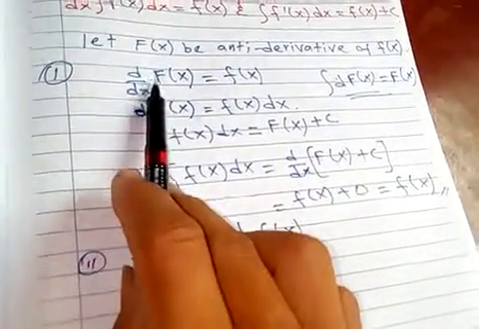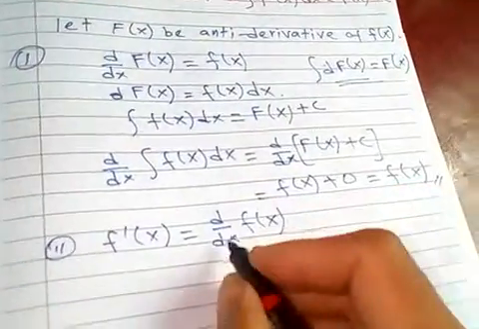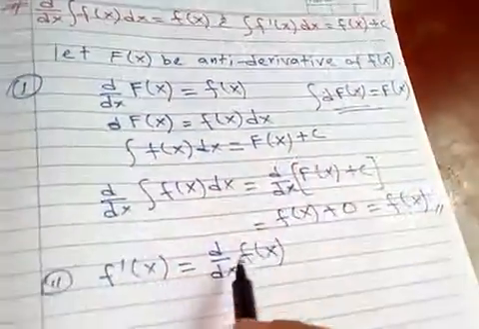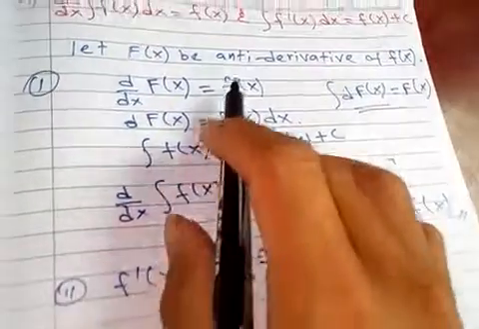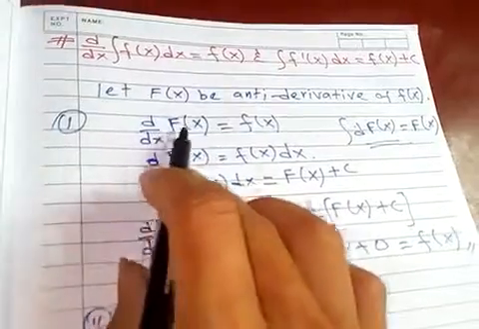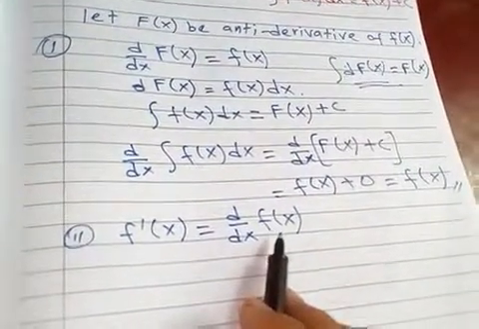If you take the derivative one more time, and this whole term is nothing but f of x, and if you differentiate again, you will get this one.